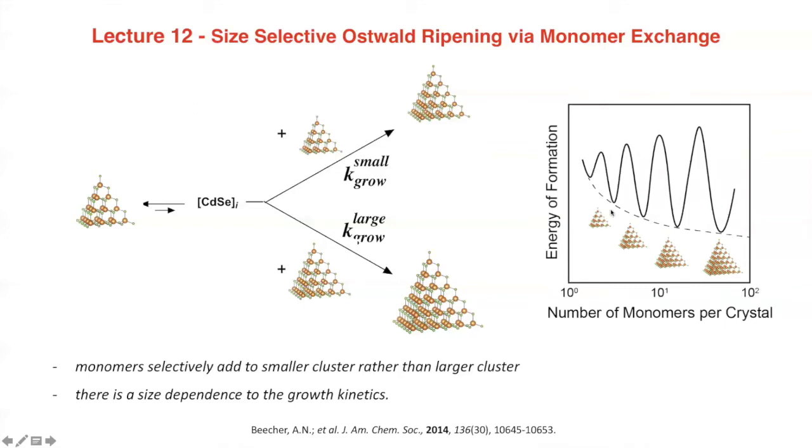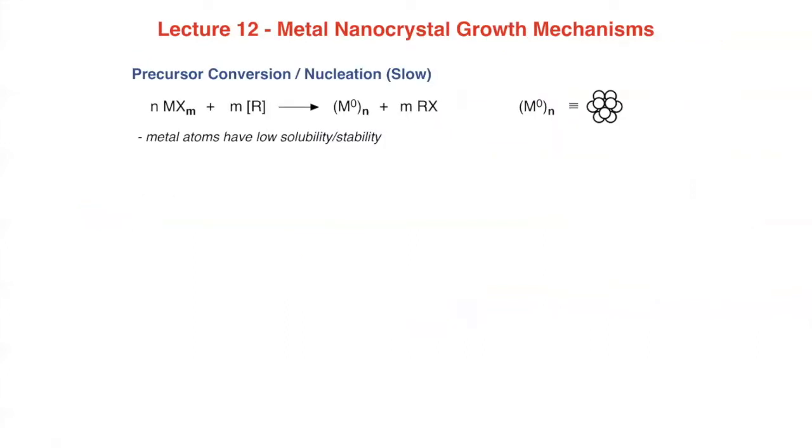So when you're here and you're deciding to go forward, and maybe you have a mixture of these two, the monomers don't go over this hump, they only go over this hump. Okay, so anyway, a very interesting example of how the kinetics of the reaction are dictated by the surfaces, and yet you still have size-dependent growth.